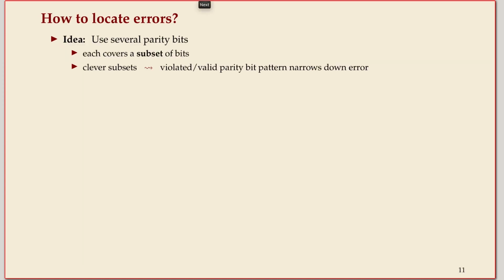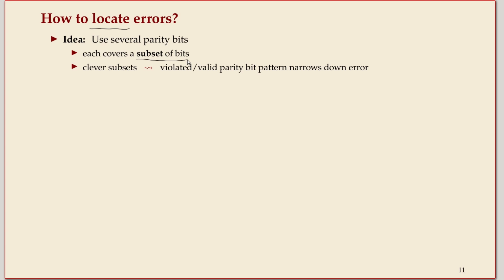So how can you do this? The problem is we can only correct a flipped bit if we know which bit flipped. So the question is really about locating the error. And the idea for this is use parity bits, but several of them. The core insight is we can use parity bits just for a subset of the bits.